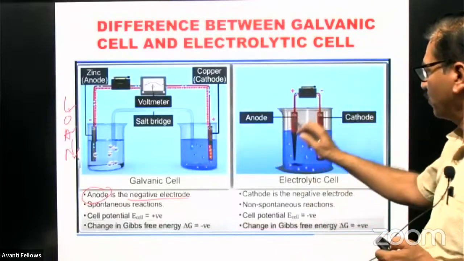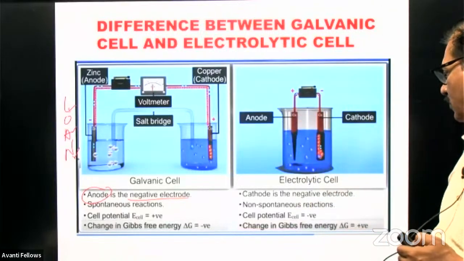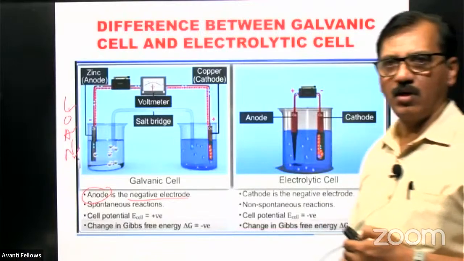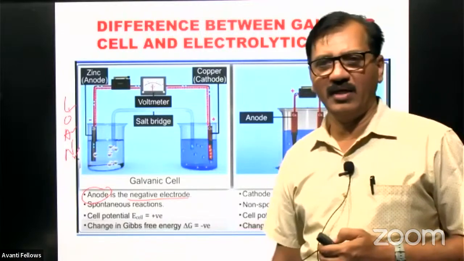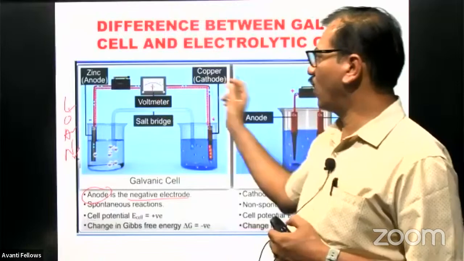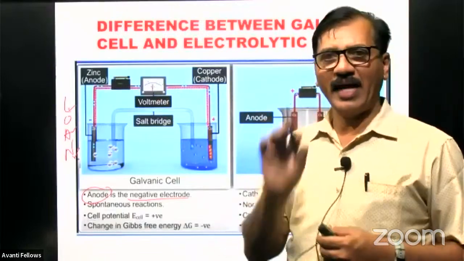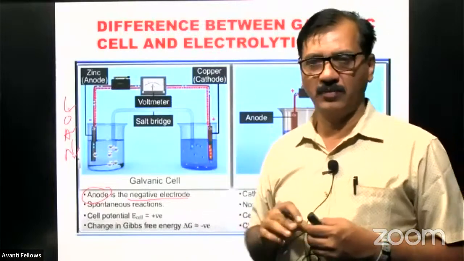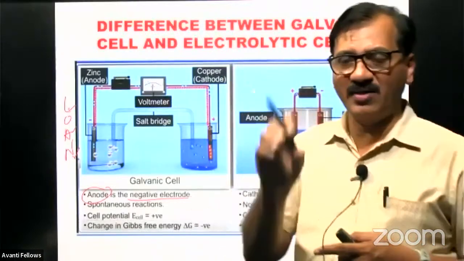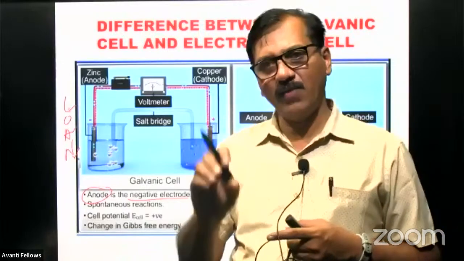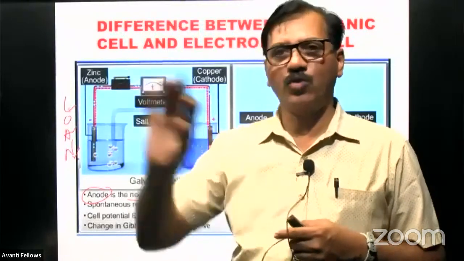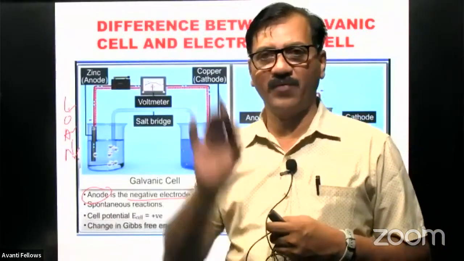But here, anode is positive, cathode is negative. One thing you can remember very easily, in order to avoid this confusion: always cations move towards cathode. So cations present in an electrolyte, wherever they are moving, that electrode is cathode. So you can remember very easily.